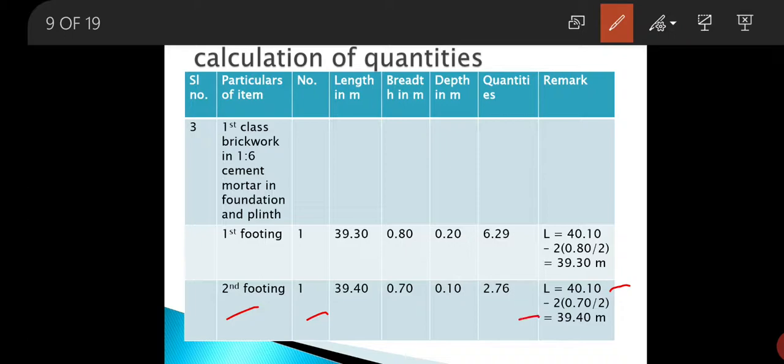From that we will subtract half of the width of the second footing for both junctions. So 2 into 0.7 by 2, which is equal to 39.40 meter. Breadth of second footing is 0.7, depth is 0.1. By multiplying this, we will get 2.76 as the quantity of second footing.